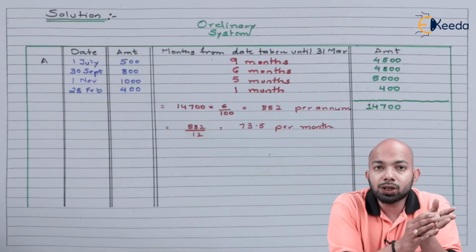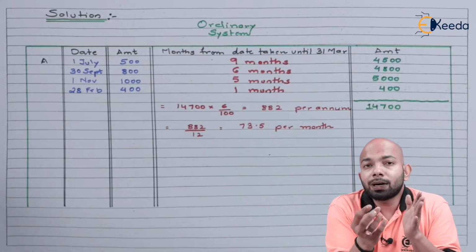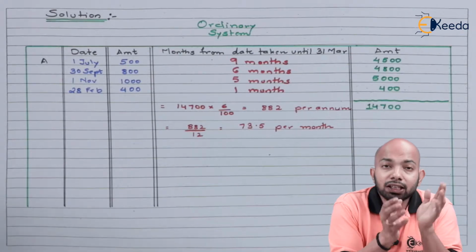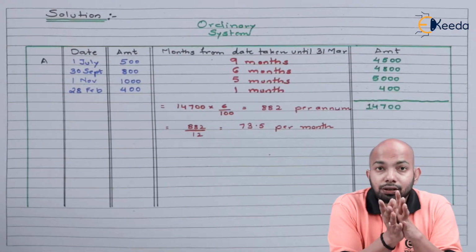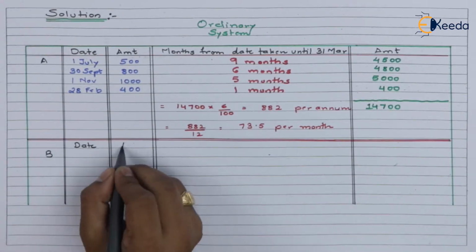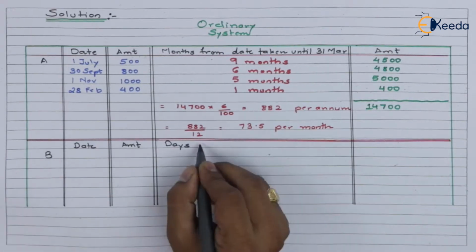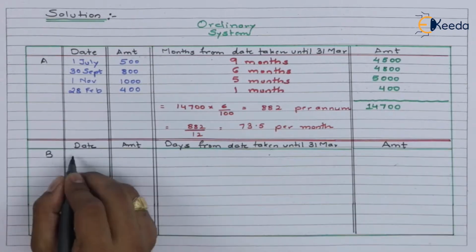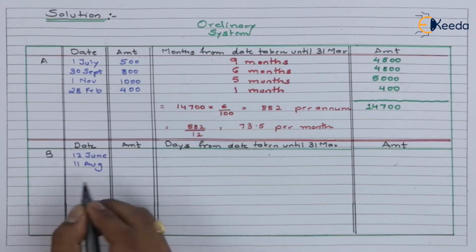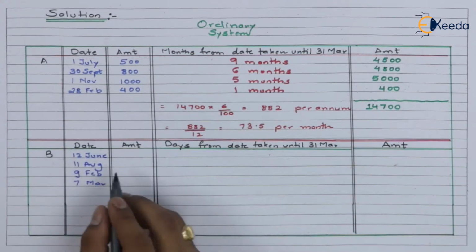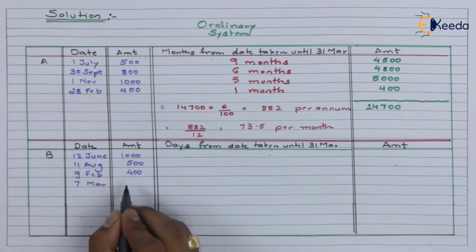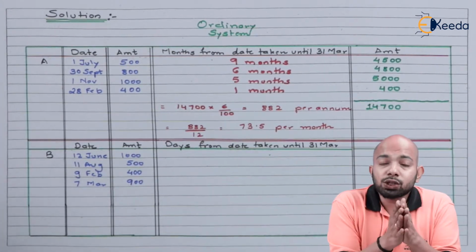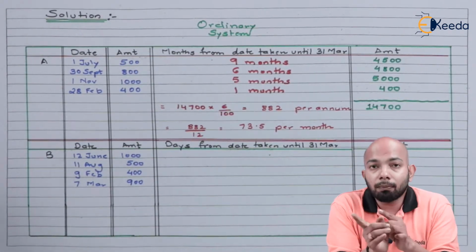We'll do it for B as well, but for B, instead of months, we'll take number of days here. Let's figure out if there is certain difference here or not. For B as well, we have mentioned the date as well as the amount.